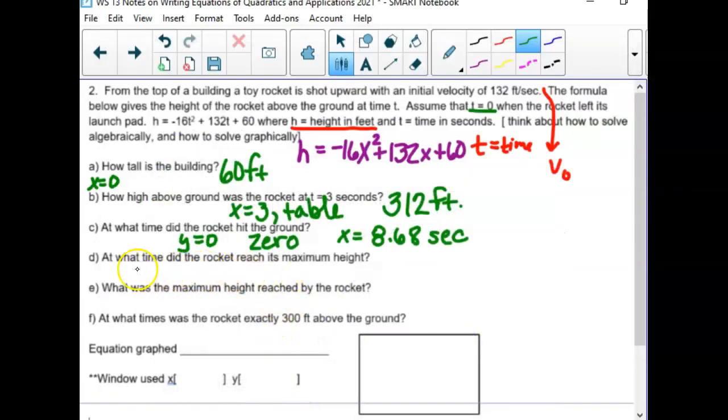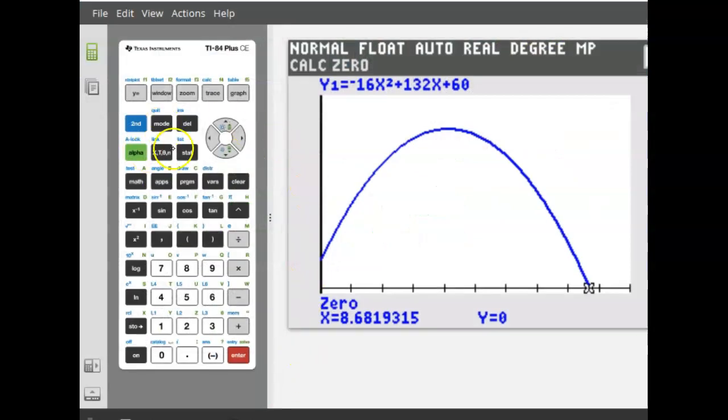All right. We have, at what time did it reach its maximum height, and what is the maximum height? If we had to do that by hand, we would do x equals negative b over 2a, and then we plug it back in from there to here. But what are we going to do using the calculator? Yeah, we're just going to find the max. And then one of those spots gets the x value and one gets the y value. Let's find the max.